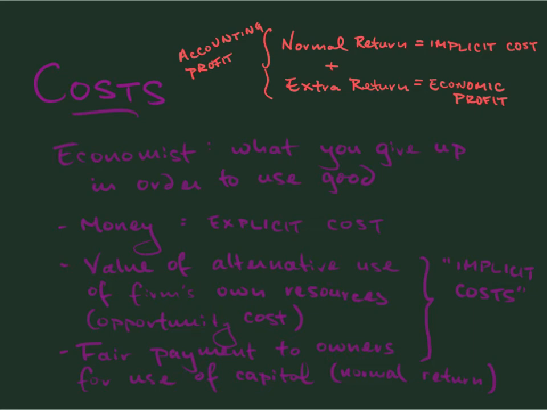Any extra return is an economic profit. So if this business generates $80 of profit, the money to match the bank account, that $50, is an implicit cost. The extra $30 is economic profit.